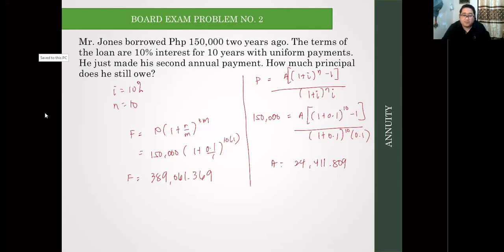Mr. Jones borrowed 150,000 2 years ago. The terms of the loan: 10% interest for 10 years with uniform payments. He just made the second annual payment. How much principal does he still owe?